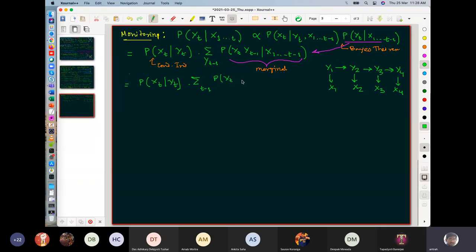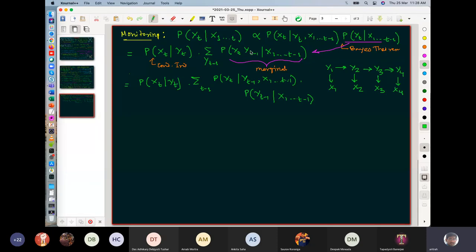I can write it as probability of yt given yt minus 1, x1 to t minus 1, just applying the chain rule, nothing else, into probability of yt minus 1 given x1 to t minus 1.